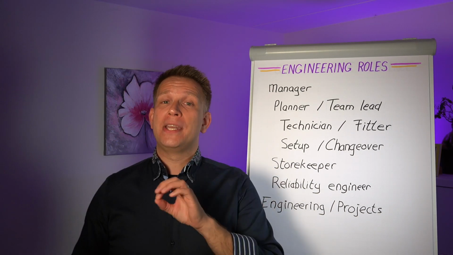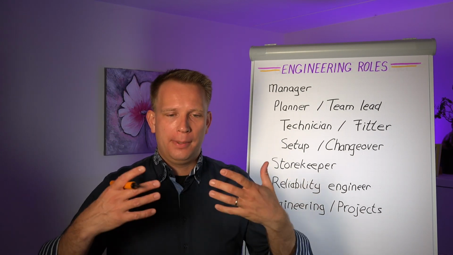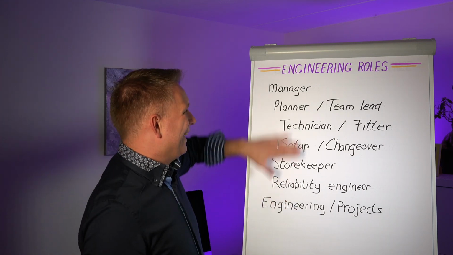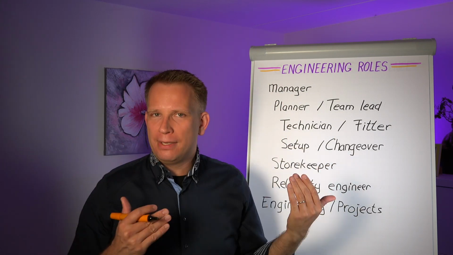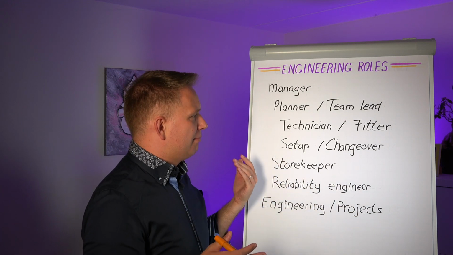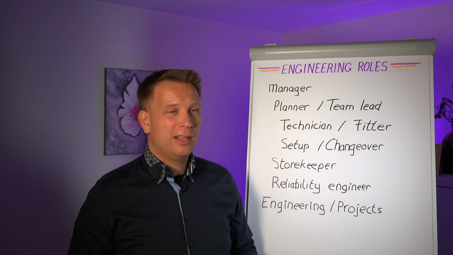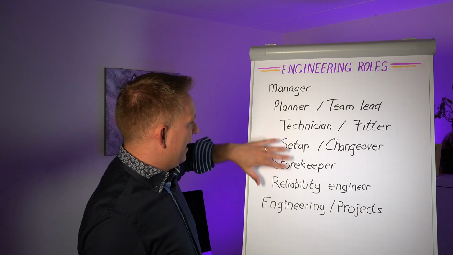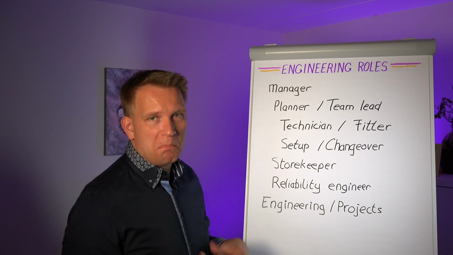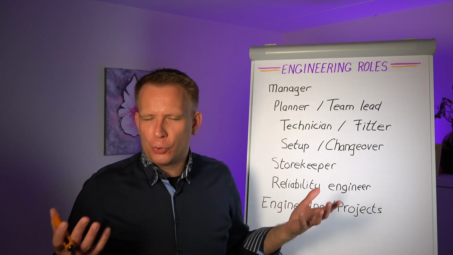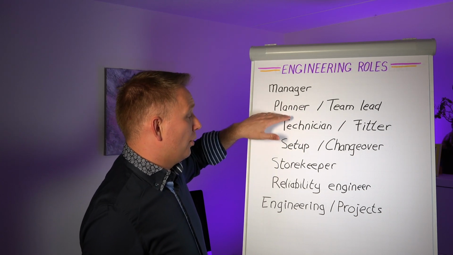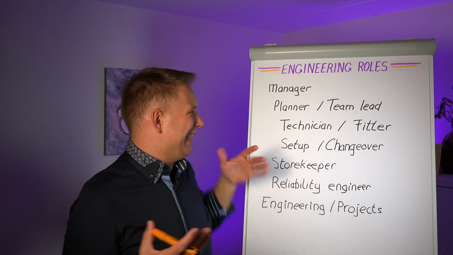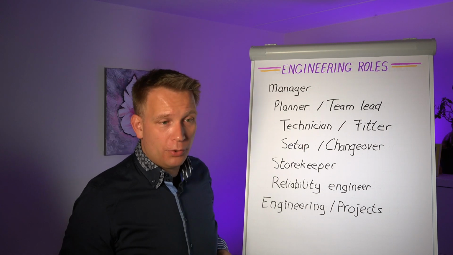Of course, when you are a maintenance and engineering professional, these are all roles you can move between during your career. There is not a very strict hierarchy. Generally, these types of roles can be starter roles, or full career roles as well. But once you get more into planner, team lead, or manager, generally people tend not to go back to the more practical roles.